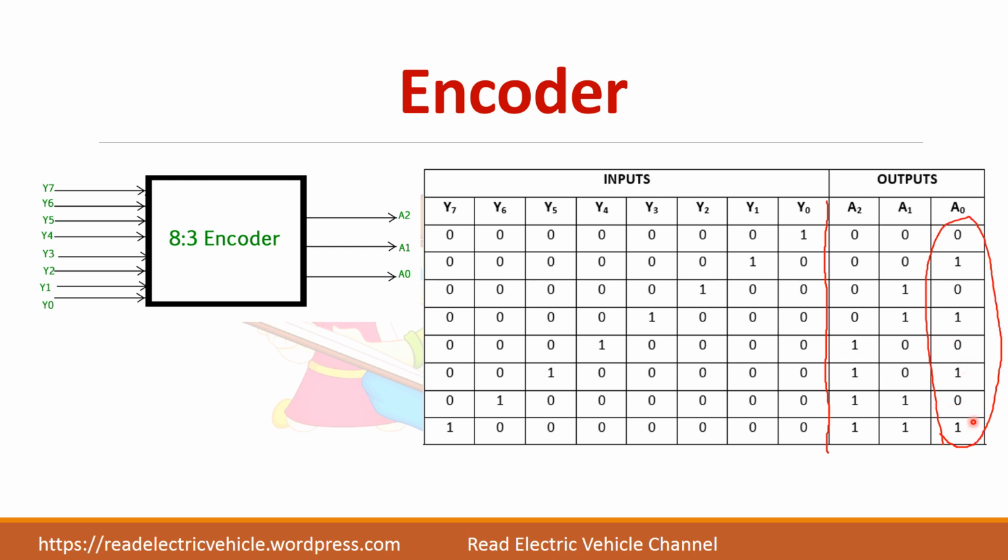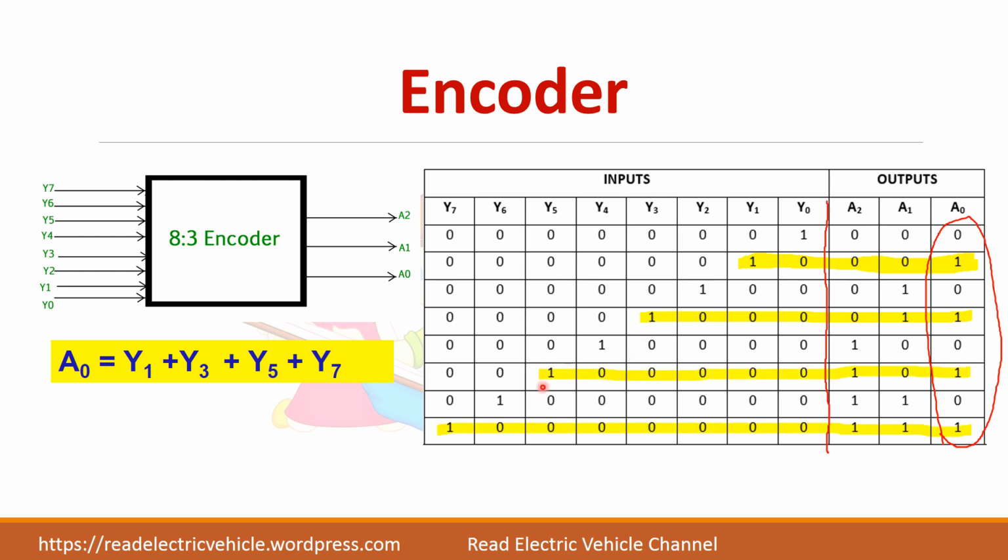So to get A naught, Y1 is high, or Y3, Y5, Y7. So if any of these are high, A naught will give you a high output. Similarly, we can write for A1 and A2 also.